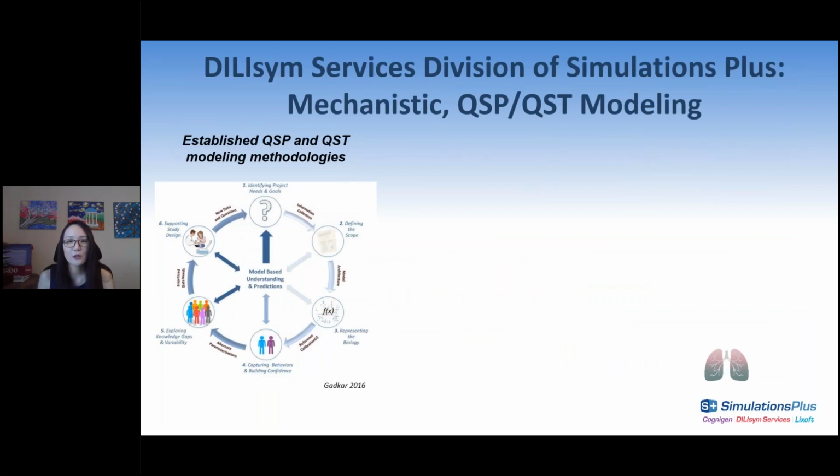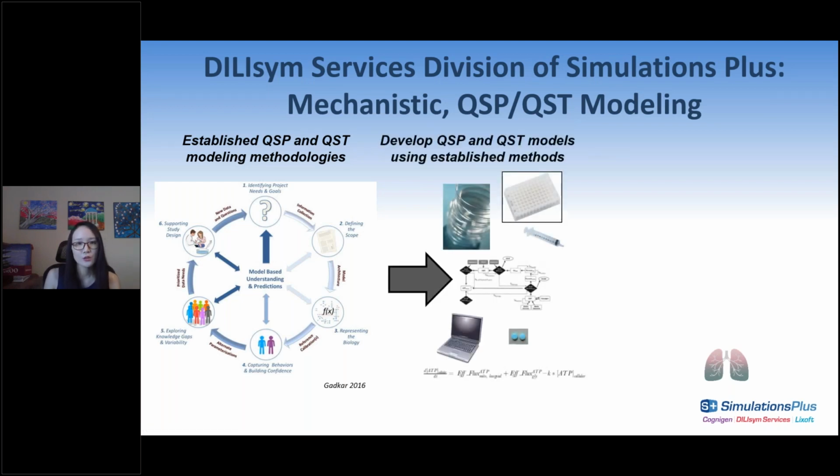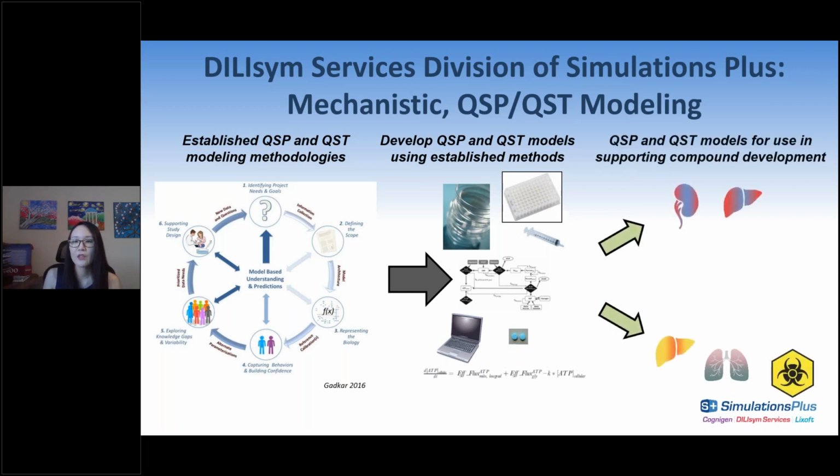A little bit more on QST modeling. We rely on established QSP modeling methodologies to develop specific QSP or QST models for a certain disease area, leveraging existing preclinical and clinical data to develop, construct and validate the model. Those models can then be used to support development of a compound for an indication.